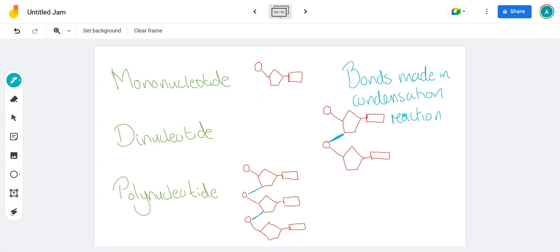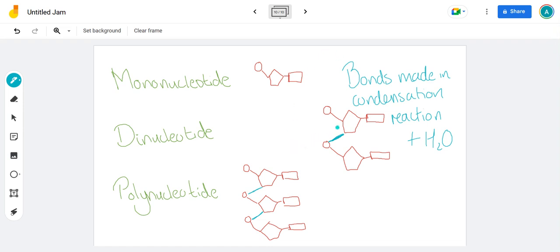Because it's a condensation reaction, it's also going to make water. Don't forget that. So two of these joined together with this bond will make a molecule of water. If you wanted to break them apart, you need to add a molecule of water in order to separate the dinucleotide into 2 mononucleotides.